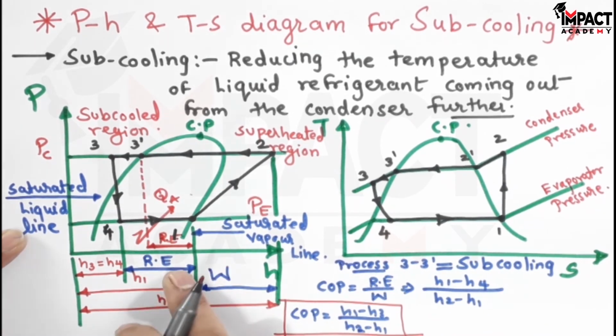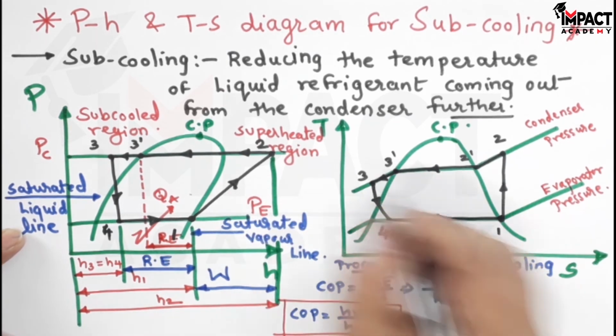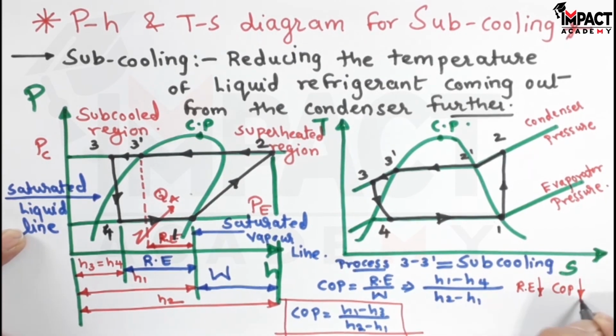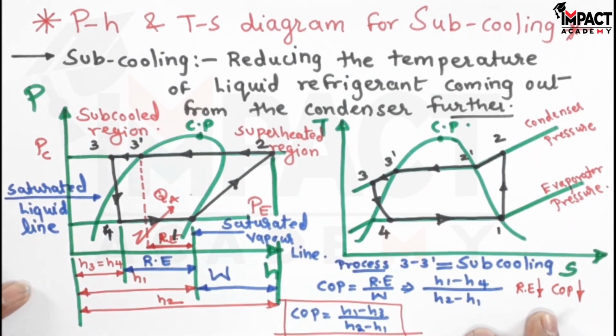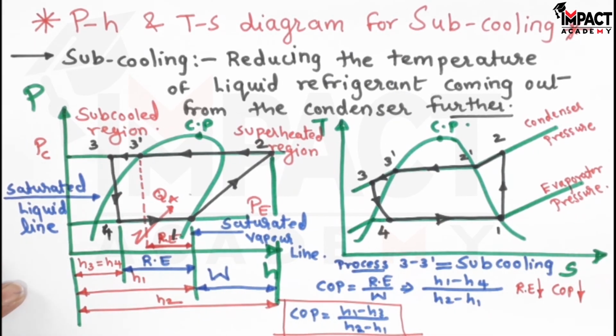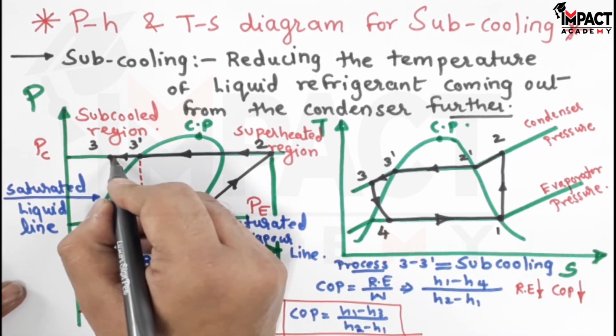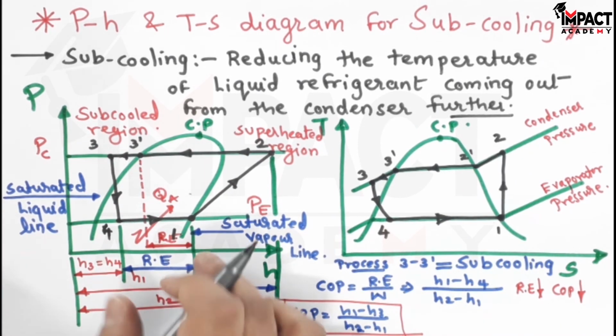And if the refrigeration effect decreases, the COP decreases. So if we want to increase the COP of the plant, we have to increase the refrigeration effect, and for that one of the methods is superheating, the other method is subcooling, where we are increasing this refrigeration effect.